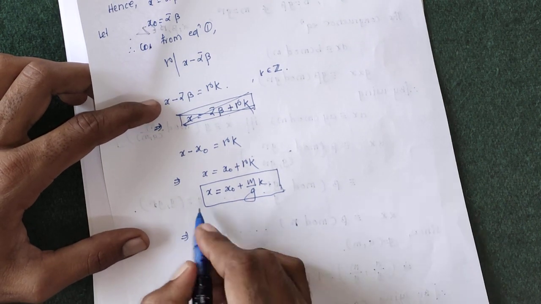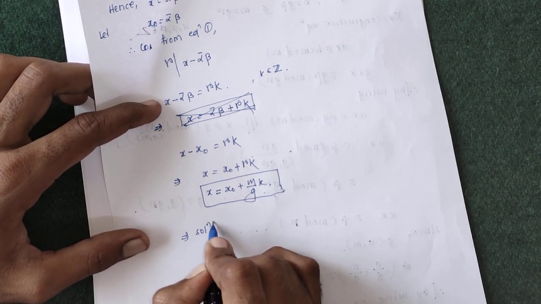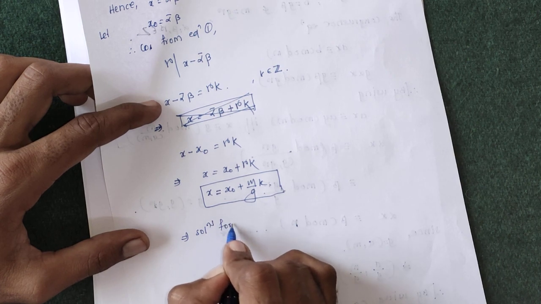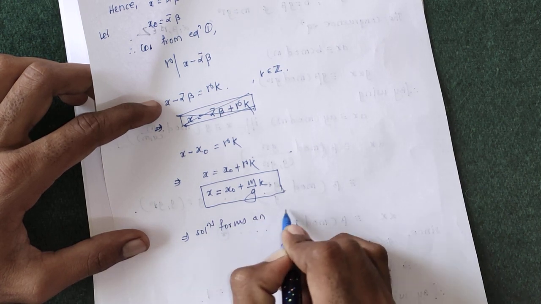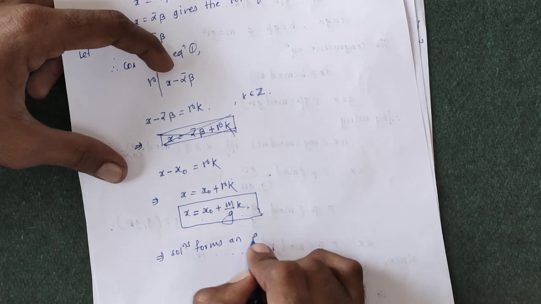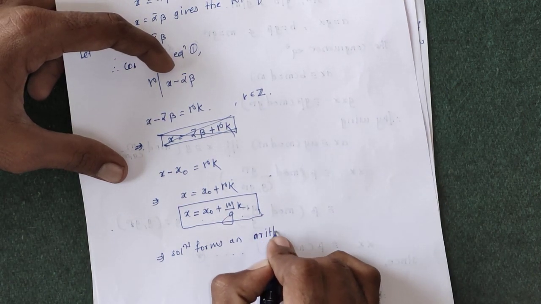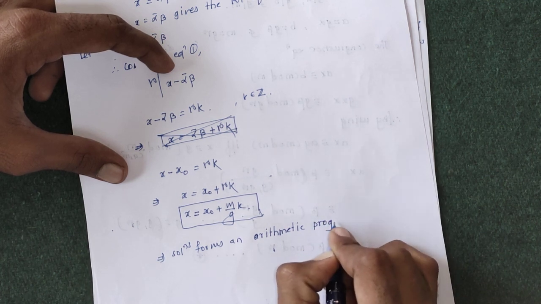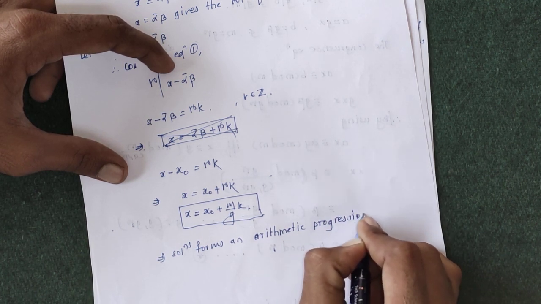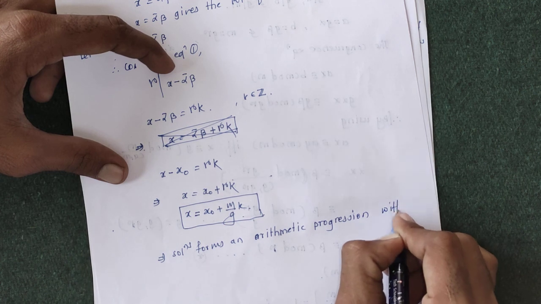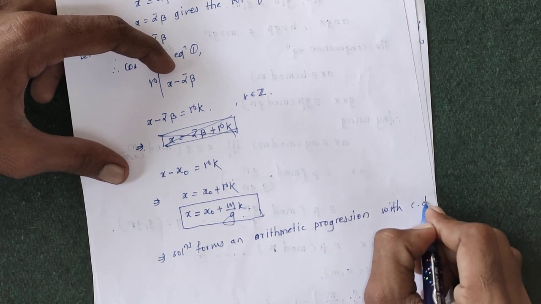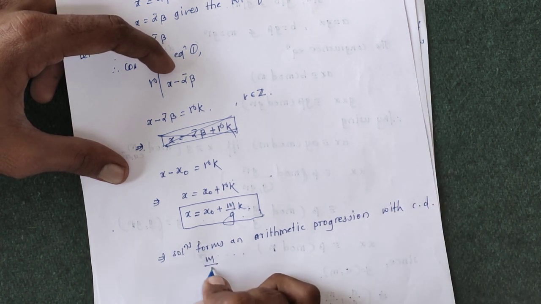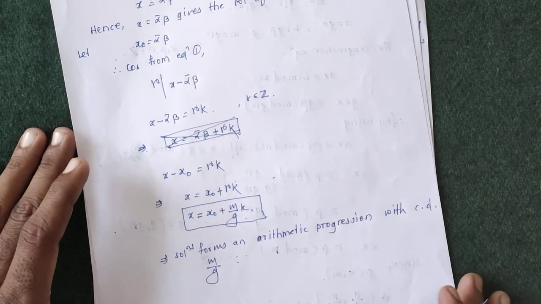Hence the proof. Therefore the solutions form an arithmetic progression with common difference m by g.